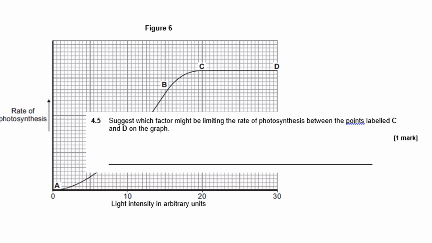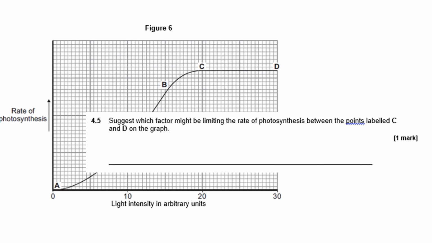The next question, however, says, suggest which factor might be limiting the rate of photosynthesis between the points labelled C and D. Now, there is actually a couple of answers that you can give for this. Obviously, because light intensity is on the x-axis, it's not going to be light intensity, so we have to try and remember the other limiting factors in photosynthesis.